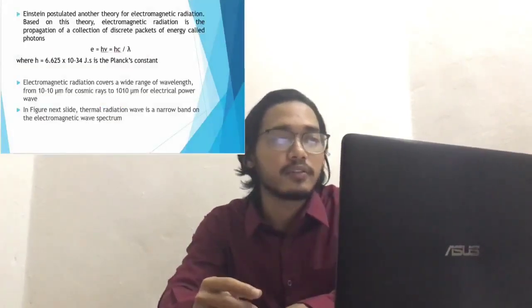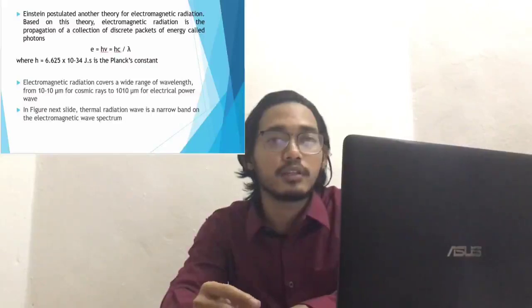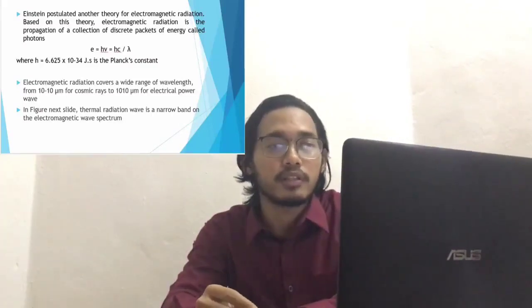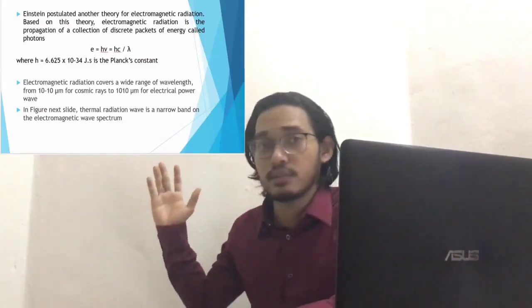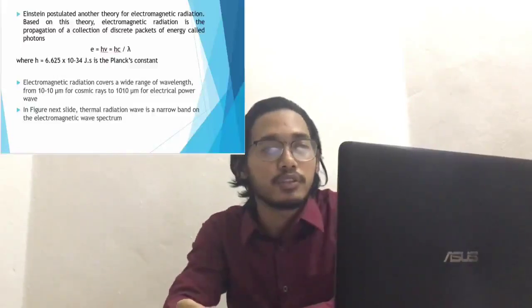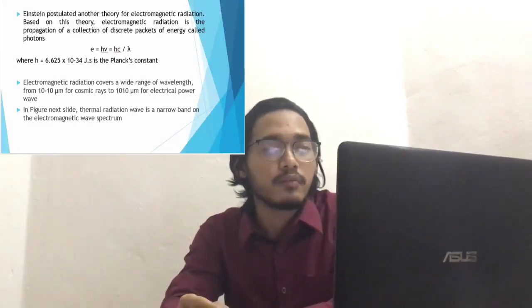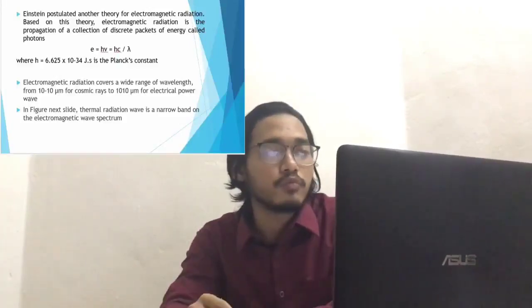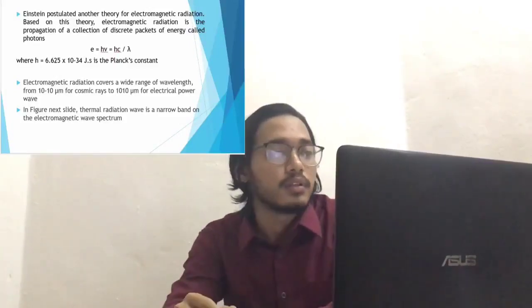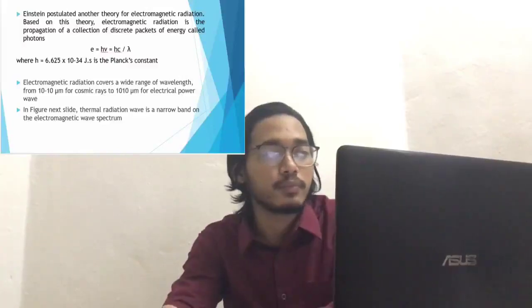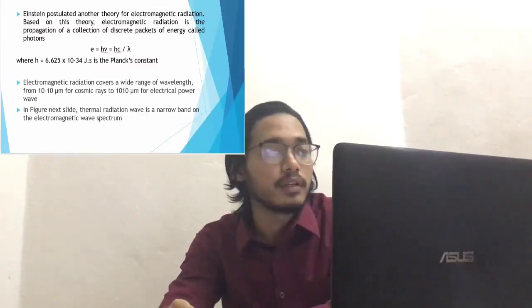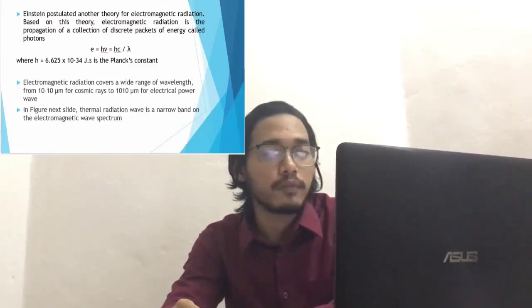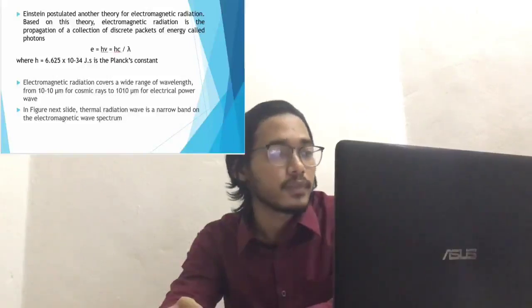Next, Einstein postulated another theory for electromagnetic radiation, which is E equals H times V, which we call E a photon. H is the constant value 6.625 times 10 to the power of negative 34.